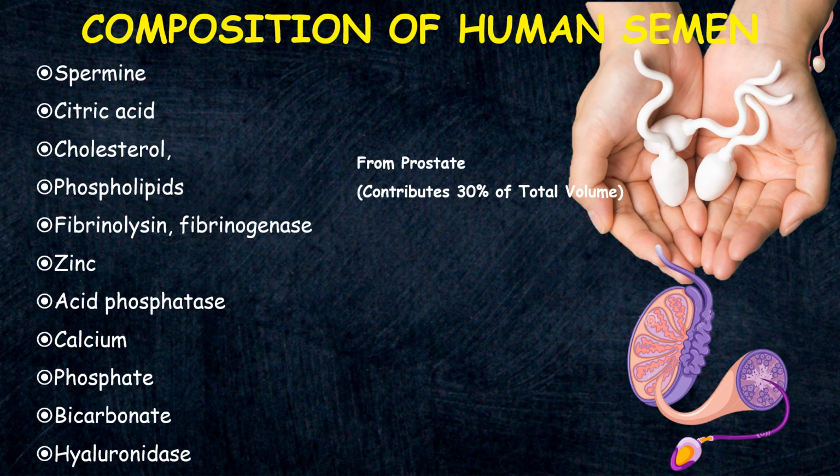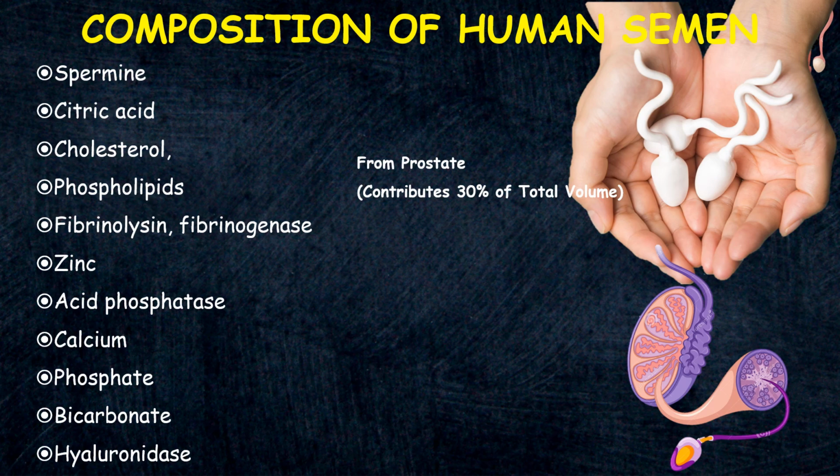The prostate secretion contributes 30% of the total volume of the semen. It contributes the milky and alkaline fluid part of the semen. The maintenance of the optimum pH required for fertilization is the function of the alkaline prostate fluid.